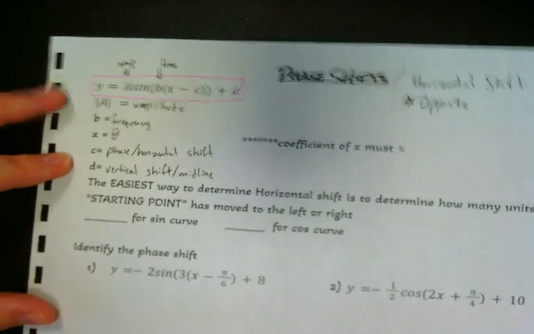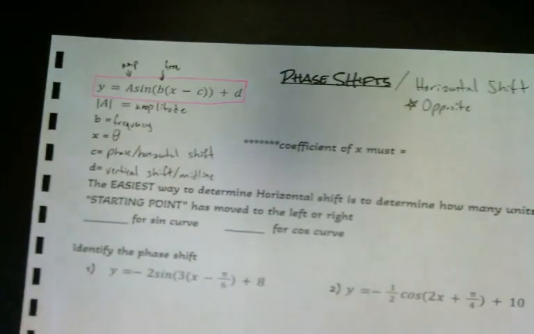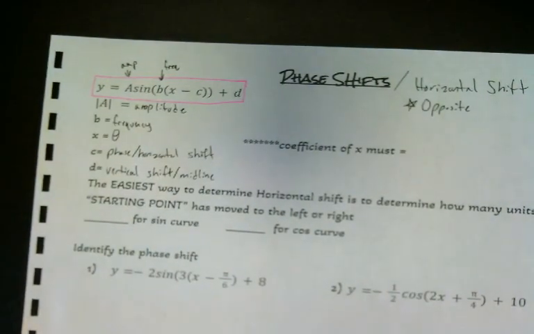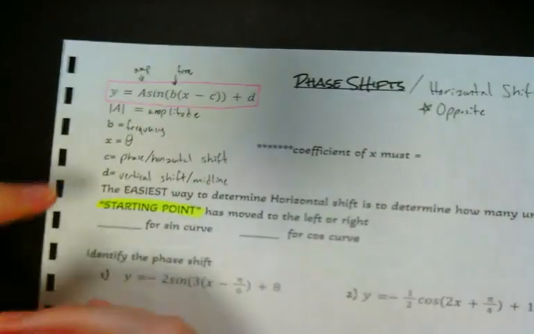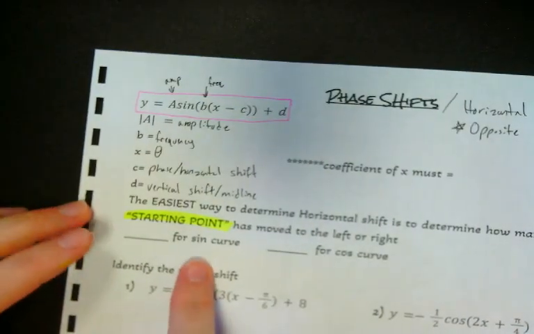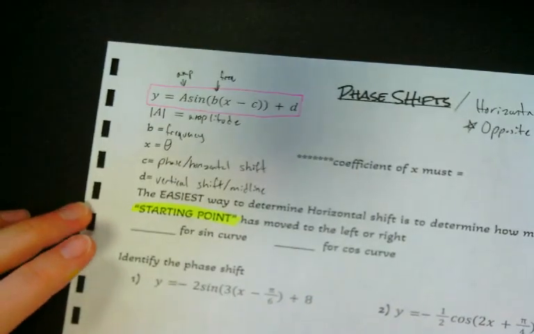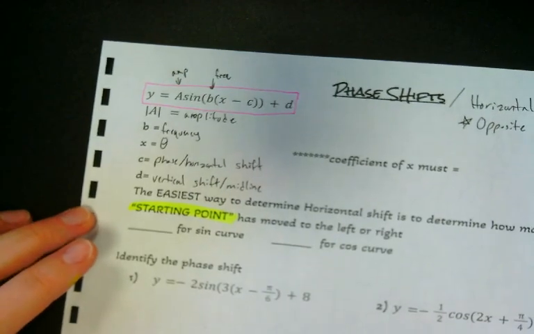So our easiest way to determine the horizontal shift is how many units the starting point has moved to the left or right. We'll get there. So we always want to see where our starting point is. When we're talking about our sine curve, what are we always in reference to? We're always oscillating around that midline.